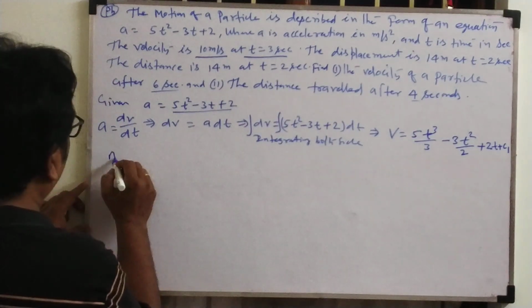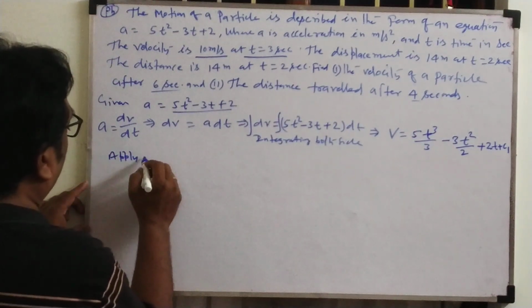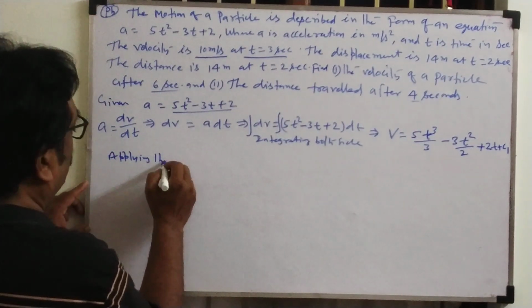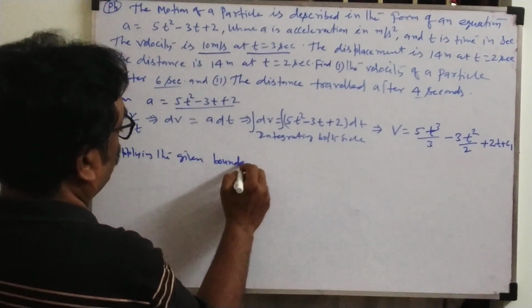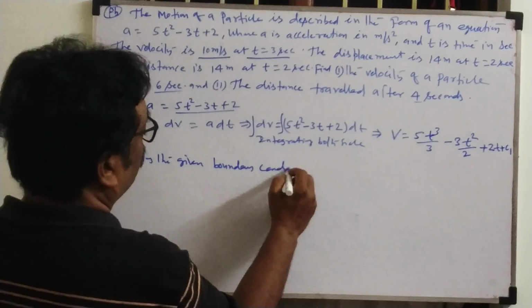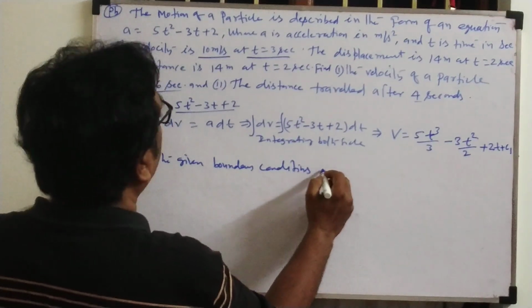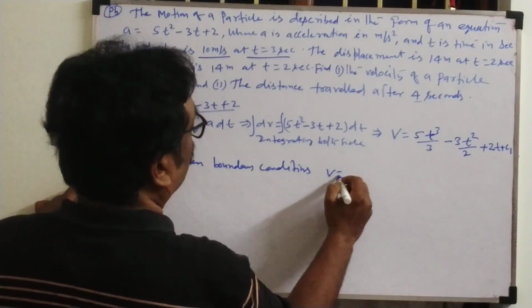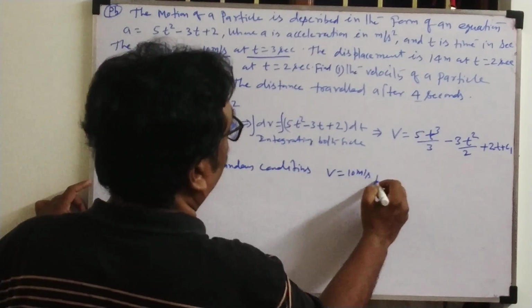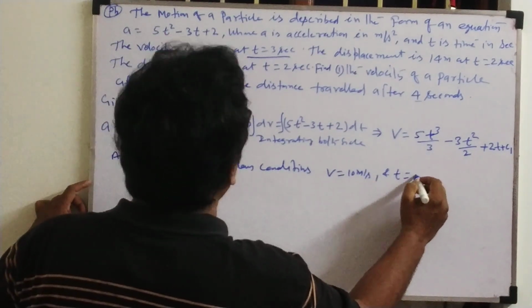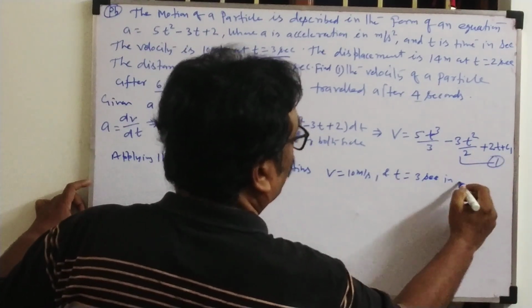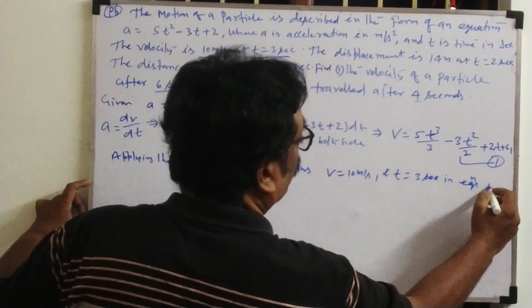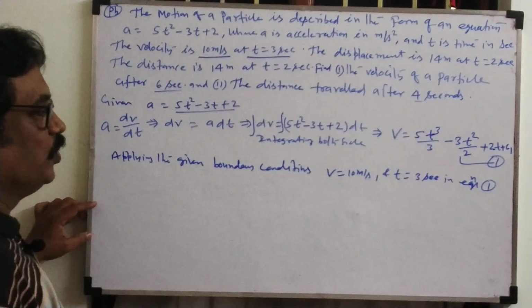So apply the given boundary condition: velocity equal to 10 meter per second when time is equal to 3 seconds, in equation 1. So you will get the c1 value.